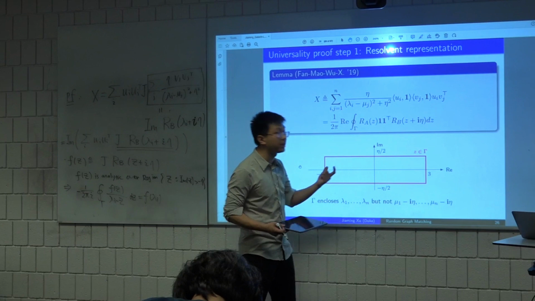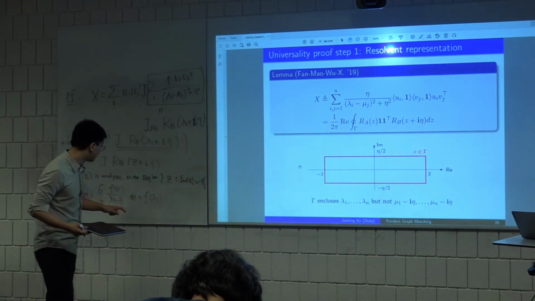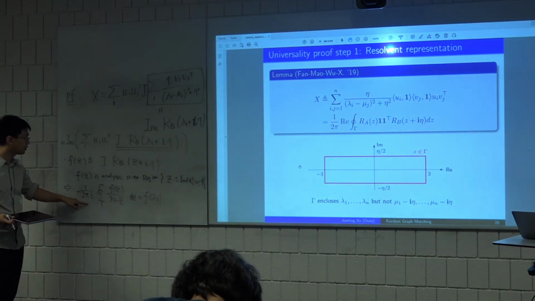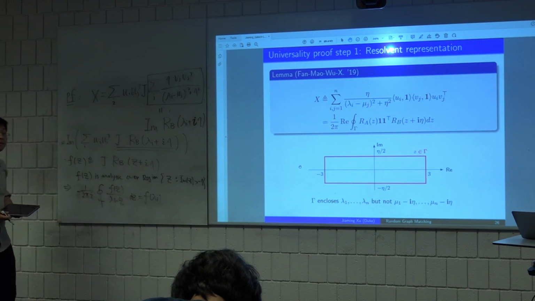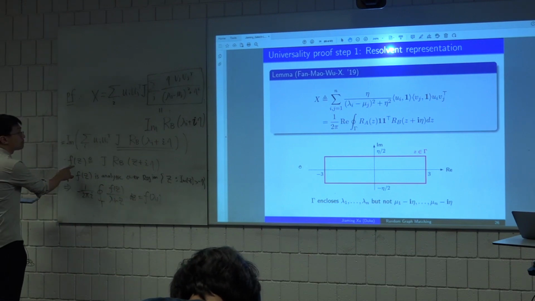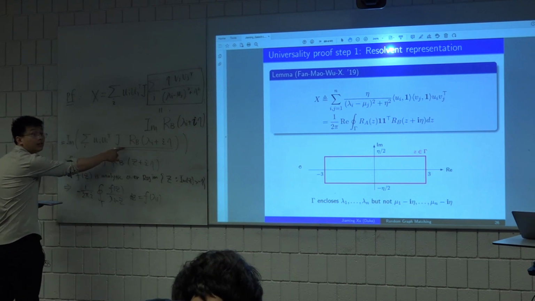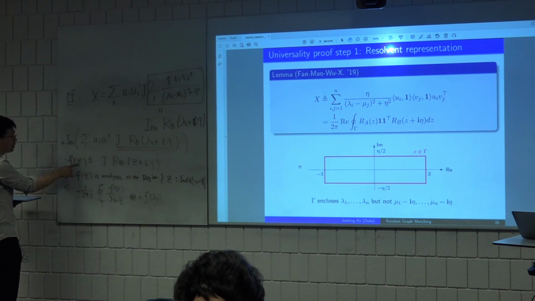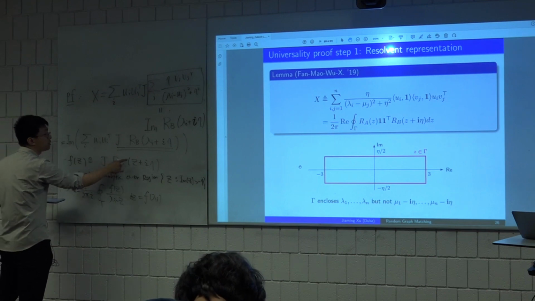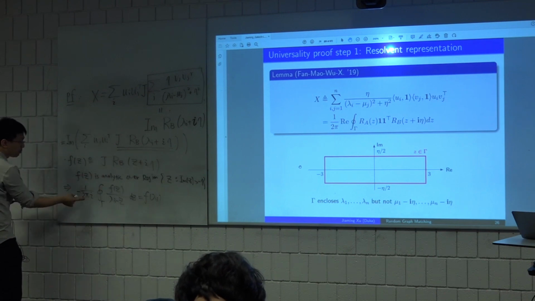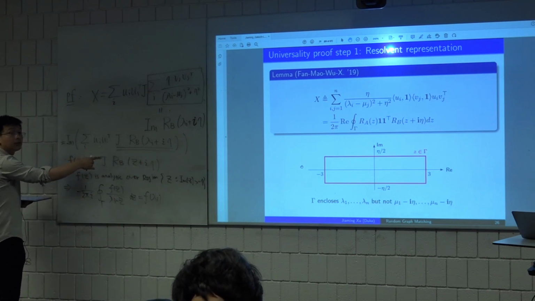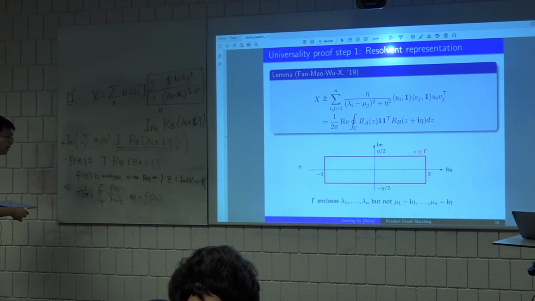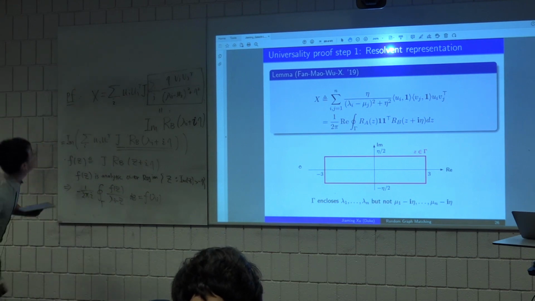So those eigenvalues are like the poles, right? That's why you have this contour integral, and you get f(lambda_i). Now if you look at f(lambda_i), that's exactly the one that we have here, right? If you plug in z equal to lambda_i, you get a j resolvent at lambda_i plus i eta. So I can now plug this in to here, and I can get a contour integral at least, right? Does it make sense? Okay.